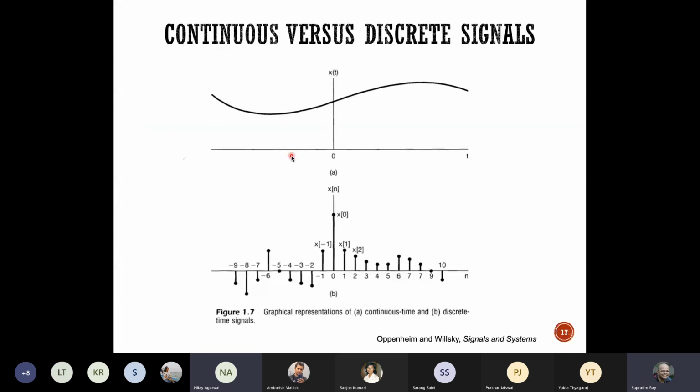Okay. So to get to the Fourier analysis, we will first talk about continuous and discrete signals, and I will give you an intuition of why this type of analysis is very useful. So a continuous signal is what you have in nature, right?